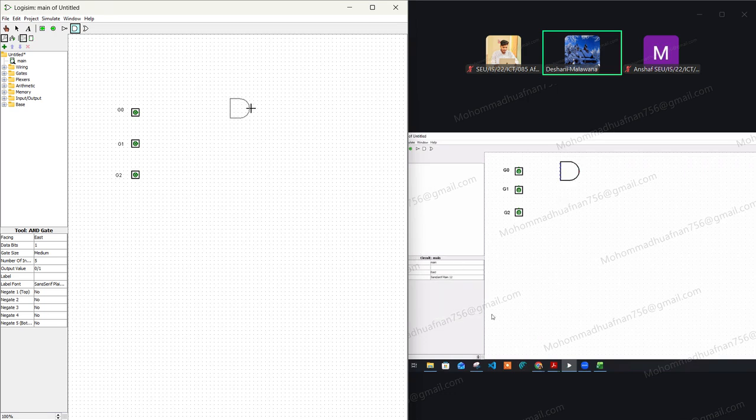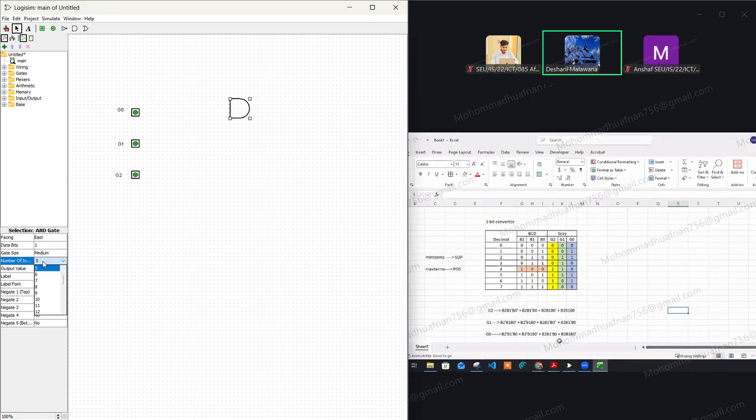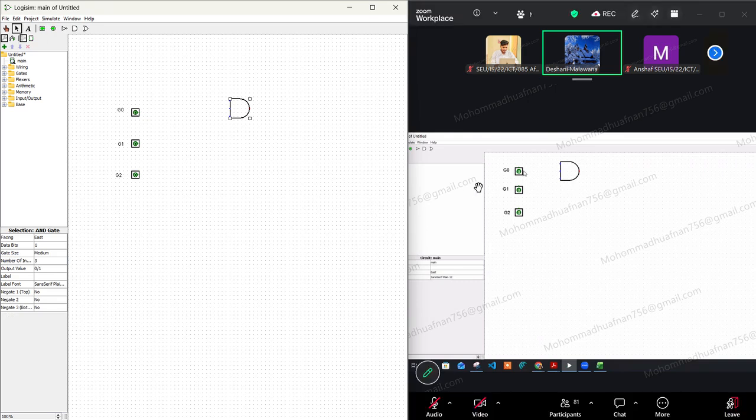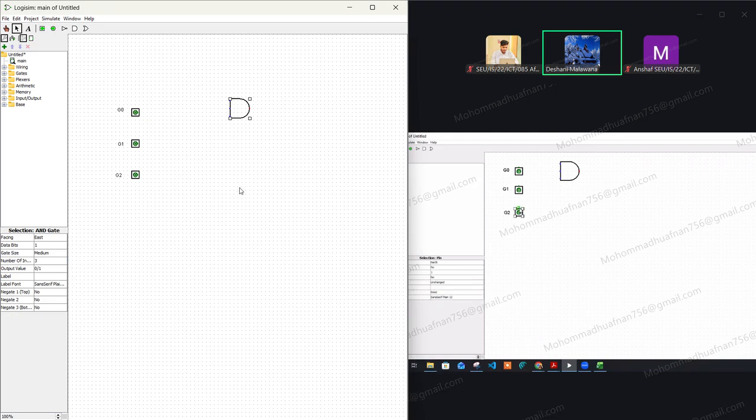Okay, so I need three inputs, right? Here, 1, 2, 3. Three input AND gate. So I need to select that one and three inputs. Then it comes from this side, right? So I need to rotate that one.